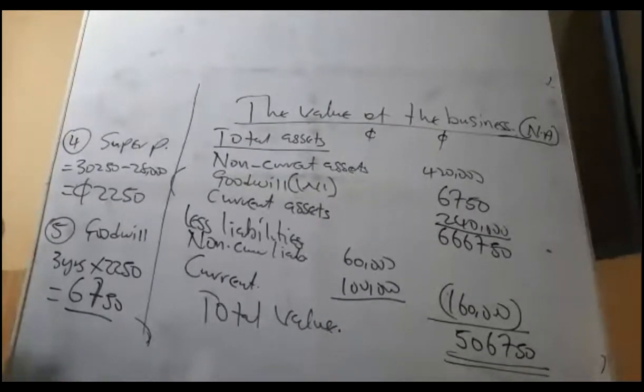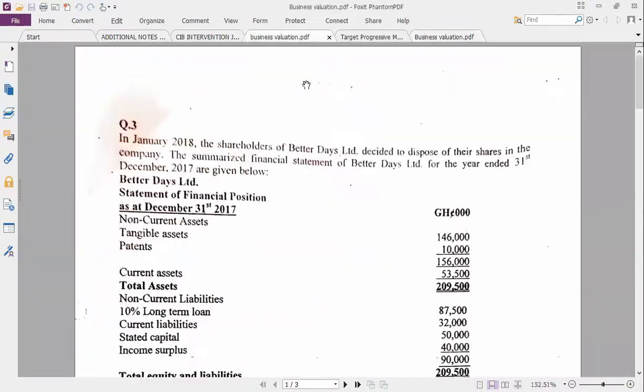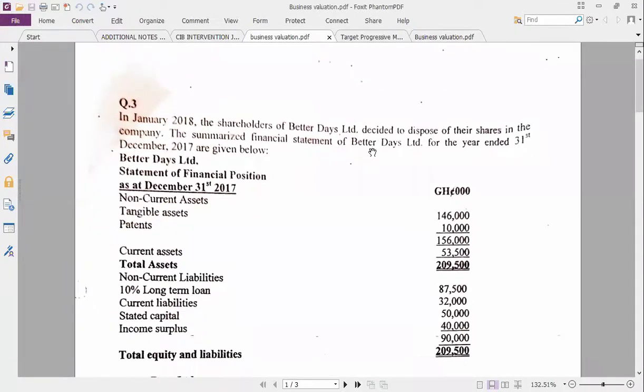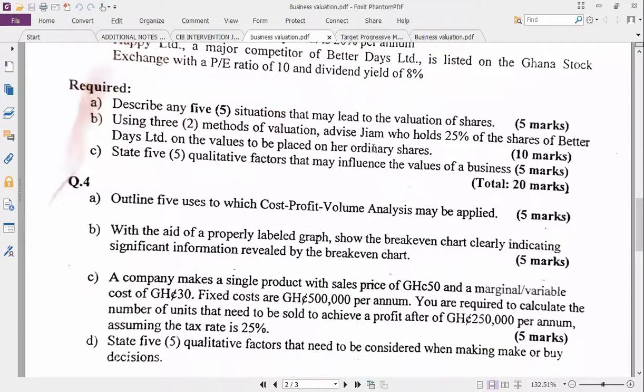So let's quickly go through the recent exam past questions. So far there are 2 questions that we will look at from your past questions. I'll look at the second question first.